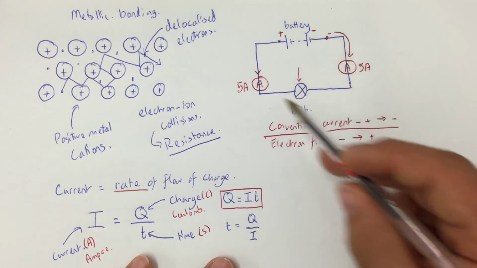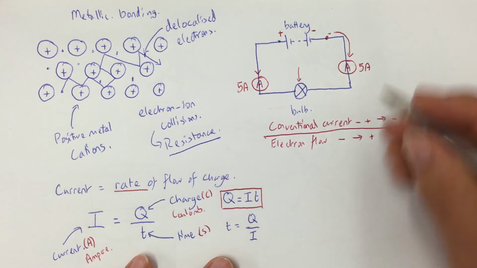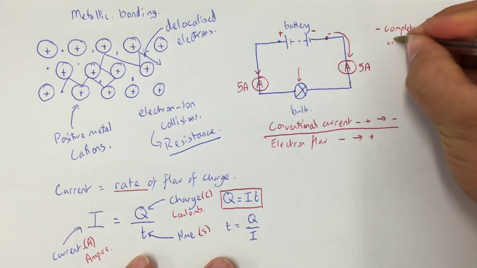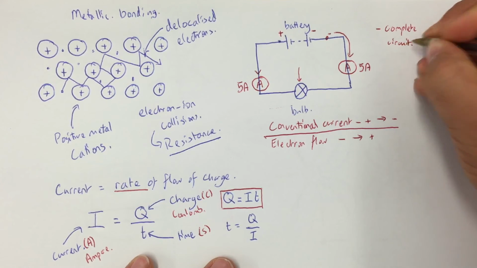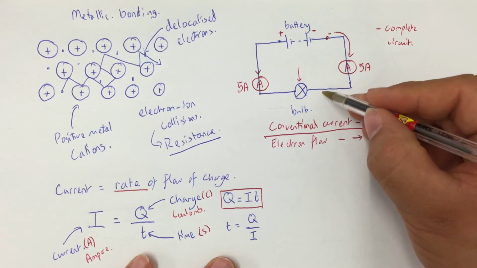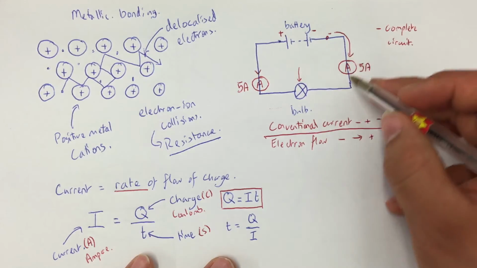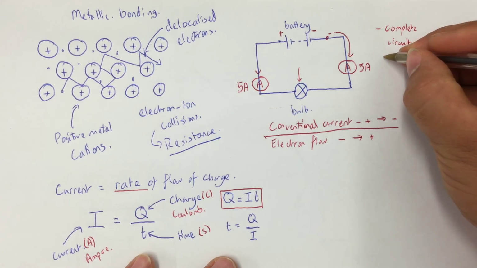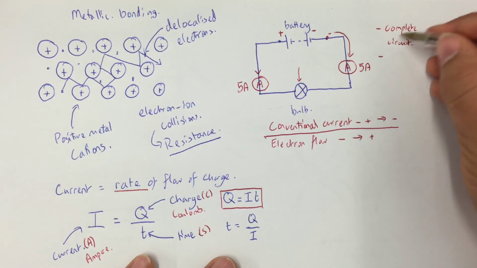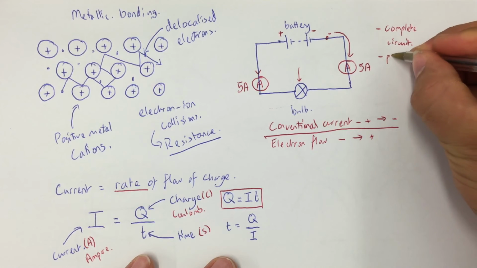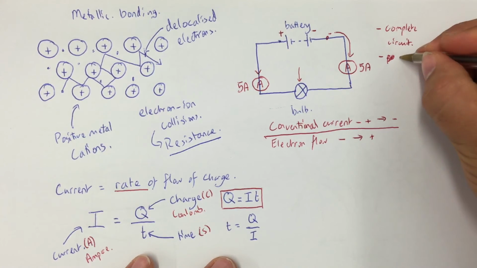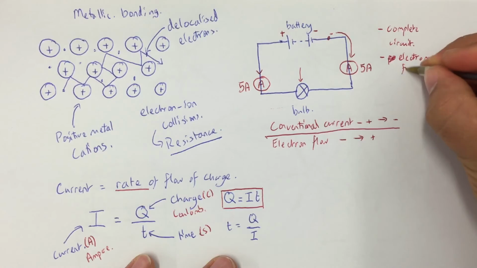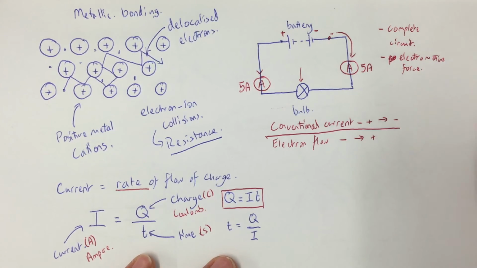In order for a current to flow, we have to have two key things. One, we have to have a complete circuit. Current won't flow if there's a break in the circuit. If I was to melt the wire here, current would not be able to flow all the way around, and therefore I wouldn't get an electric current. The second thing that I have to have, as well as a complete circuit, is a potential, an electromotive force, which is another phrase for voltage, effectively.